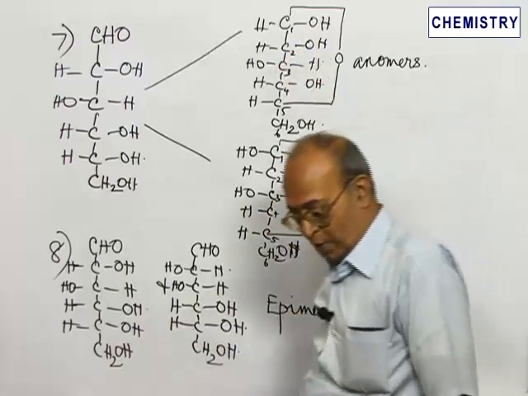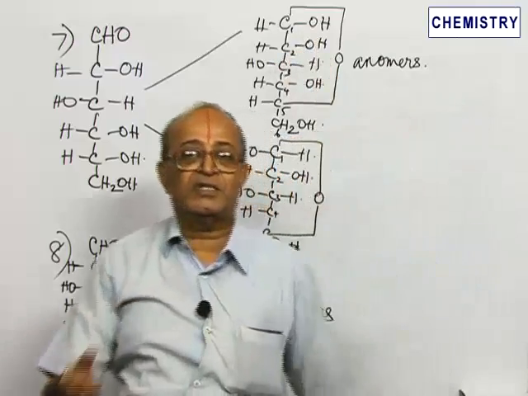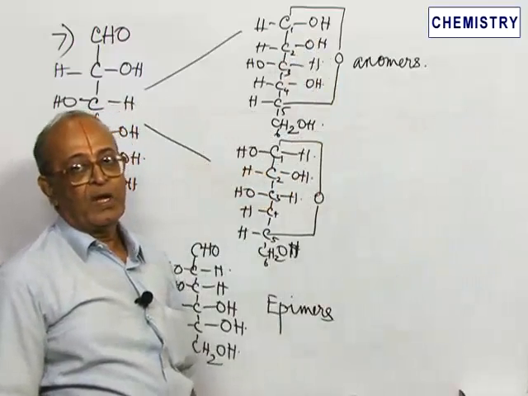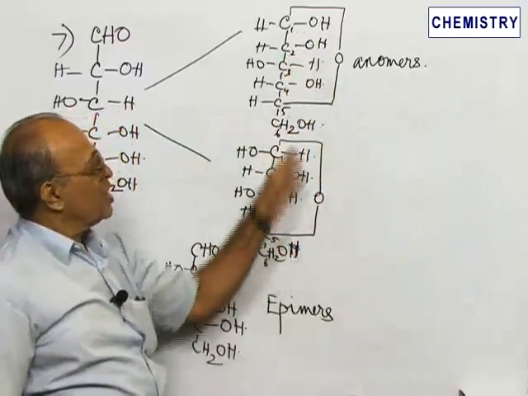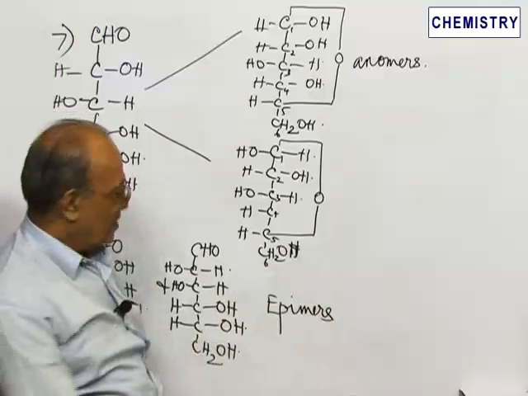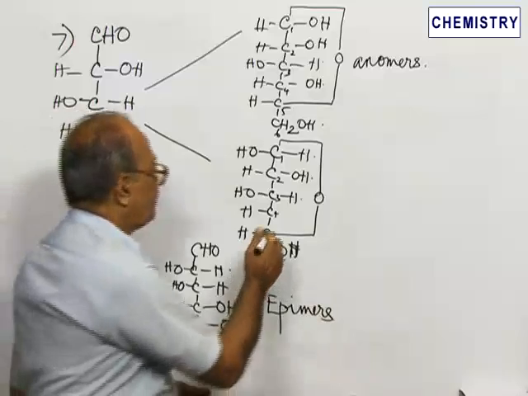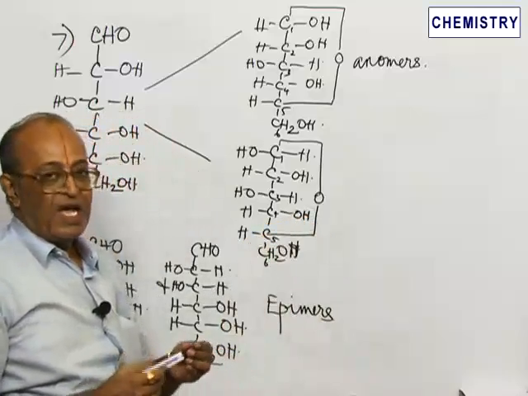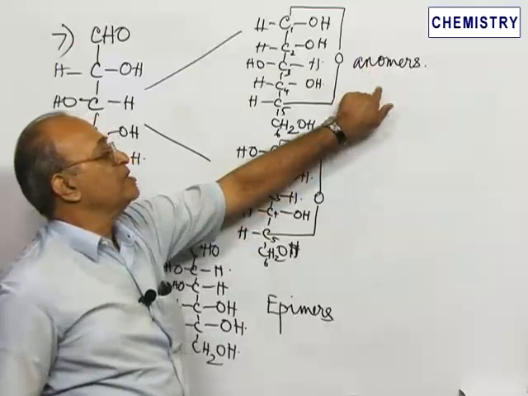And so, if the configuration is different at carbon number 1, the rest being the same in these 2 cases, these 2 are known as anomers.